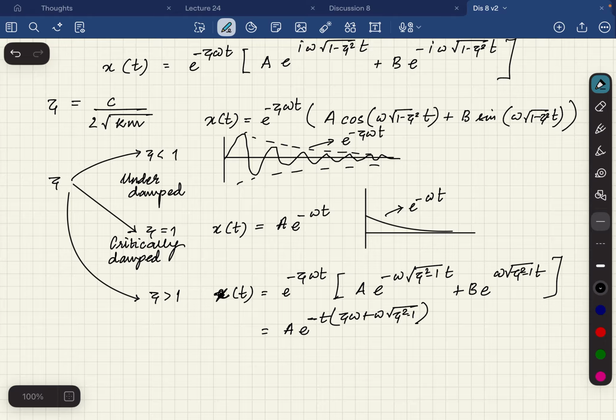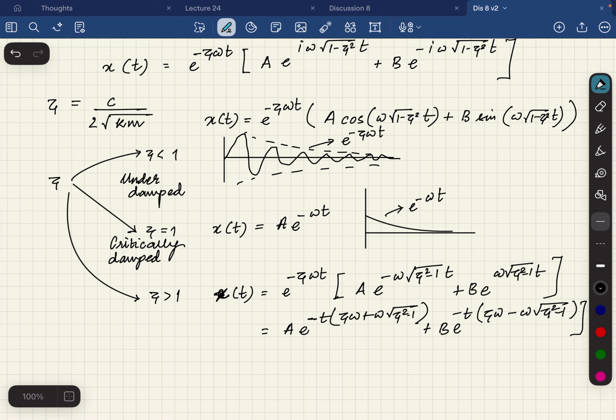Now you can see that this is something larger than zeta omega, but in the negative. And then b e to the power minus t times zeta omega minus omega times root over zeta square minus 1. So this is also negative, but it is smaller than zeta omega. So both are exponential decays. One is fast, one is slow.